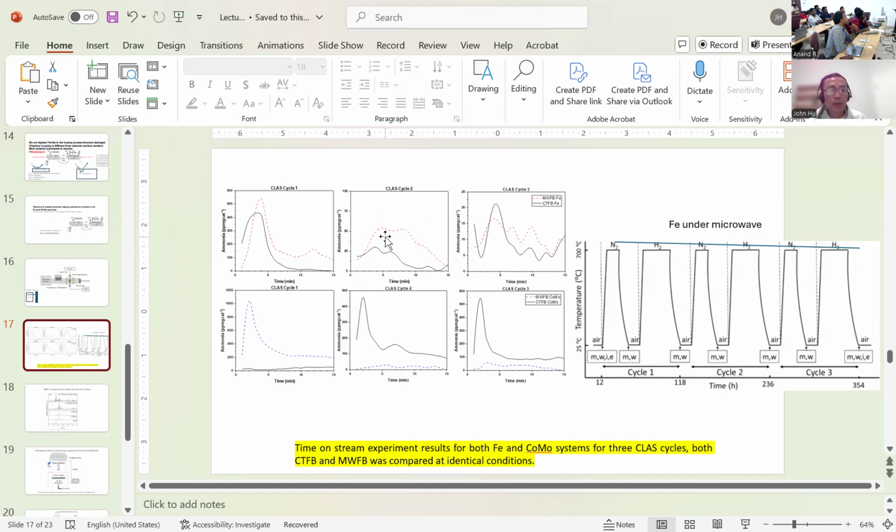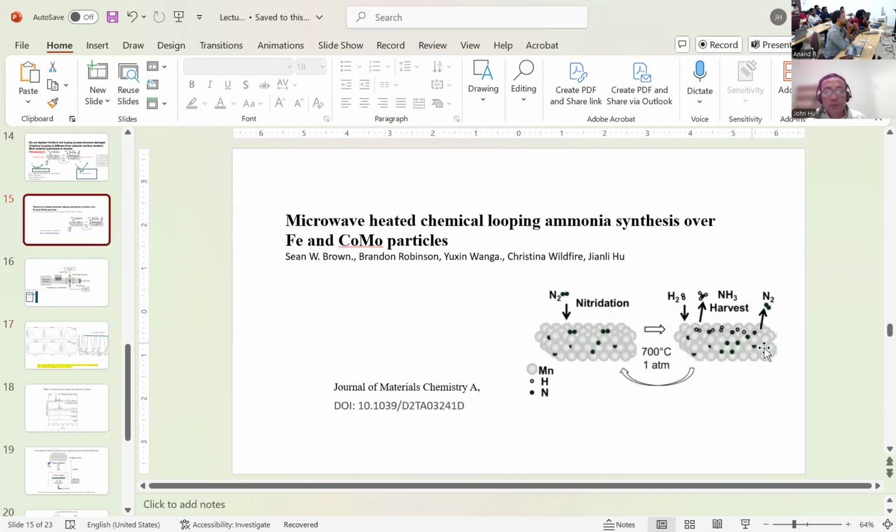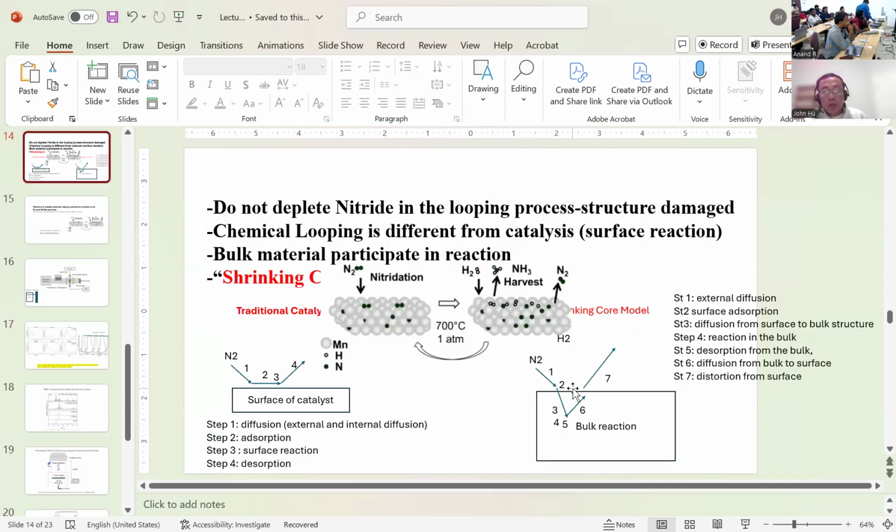Okay. Good question. So the shape of the peak. To answer your question, the structure does undergo change, which means the shape of peaks is really relevant.